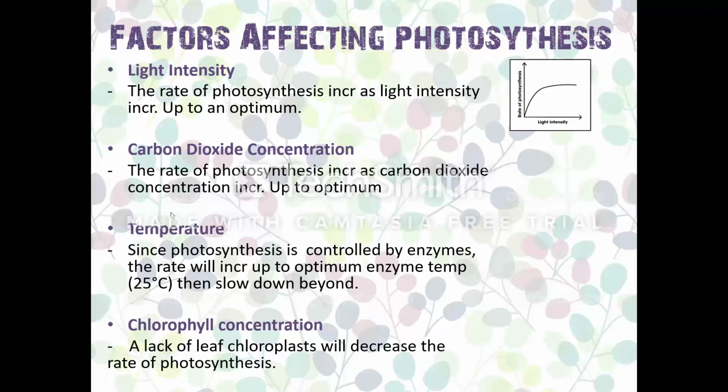Right. And then lastly, the chlorophyll concentration. It says a lack of leaf chloroplasts will decrease the rate. So in other words, more chloroplasts, better rate of photosynthesis. Okay, so in other words, actually all of these, light intensity, carbon dioxide concentration, temperature, and chlorophyll, you can say that as that factor increases, so does the rate of photosynthesis.